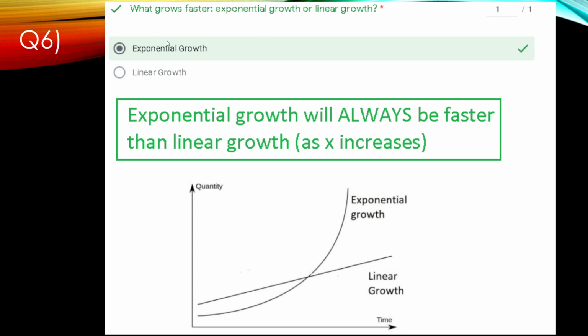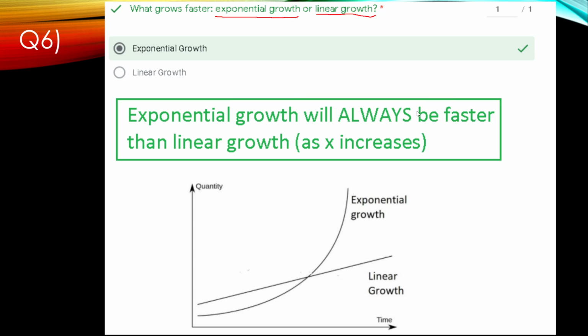Alright, so what grows faster, exponential growth or linear growth? If you were paying attention in the last video, I did talk about this for a little bit. Exponential growth is always going to be faster than linear growth as x gets bigger.